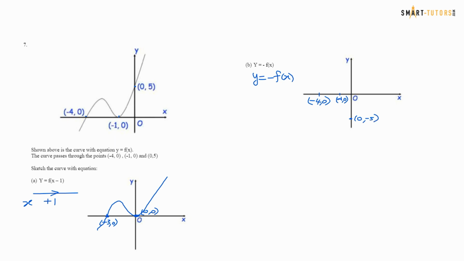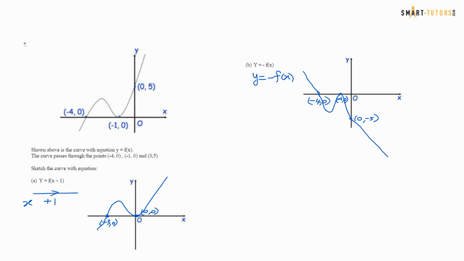So you need to draw the graph as how you see the graph. So it's coming from up through the minus 4, and there is a peak point here, and it's going to go and touch here, and it's going to go through the 0, minus 5 and goes like that.